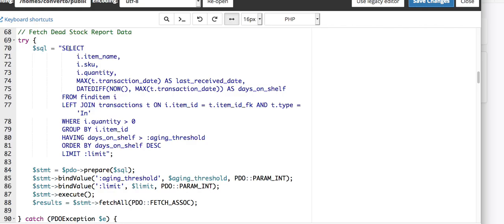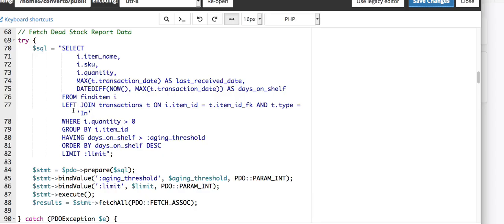See, what happens is it calls the find table, and then it maxes the dates. See the dates? Last received date, that's what that is. And this is the date that's different, that's like now. And with the max, you do the calculation. So the days on the shelves, right? And then you say find item.